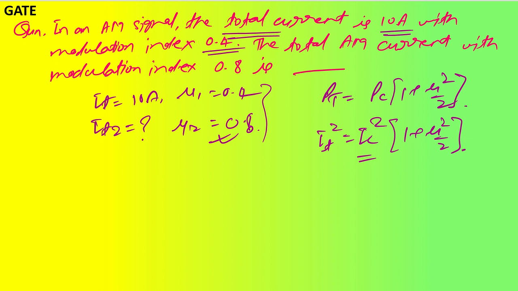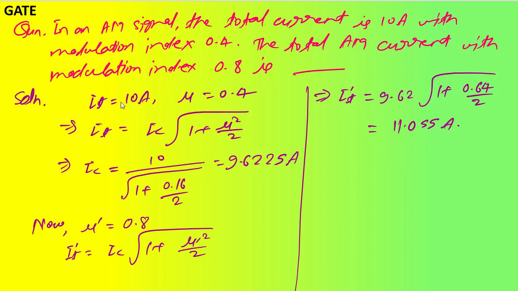I have done it for you. IT is 10, mu is 0.4, so IC is IT divided by the square root of 1 plus 0.16 divided by 2. This mu square is 0.4 squared, that is 0.16, divided by 2. That is going to come up as 9.6225.